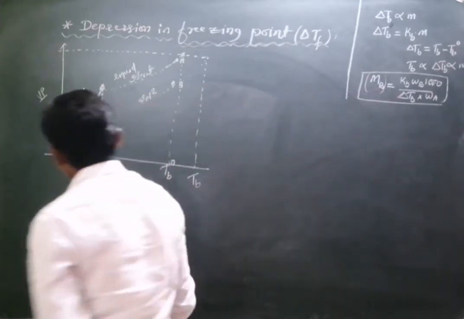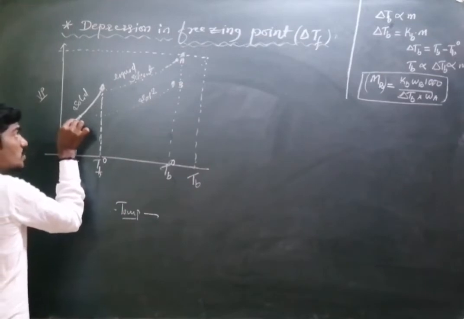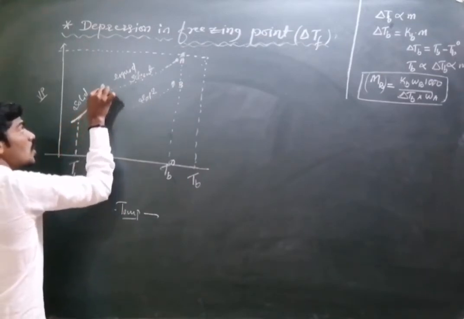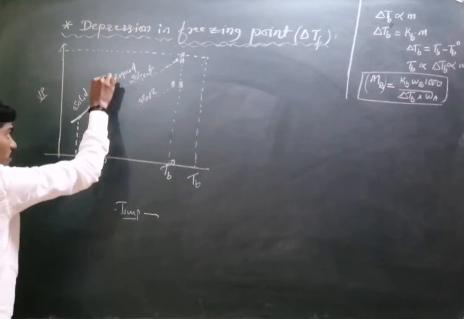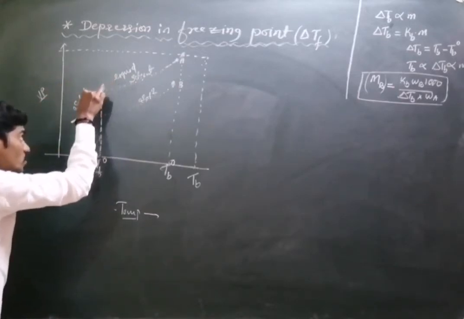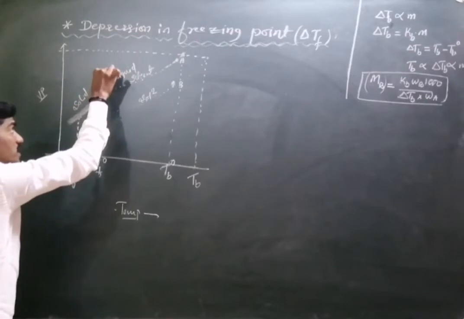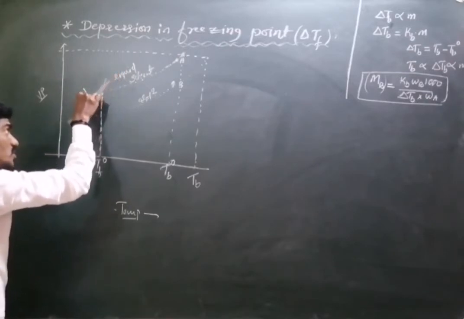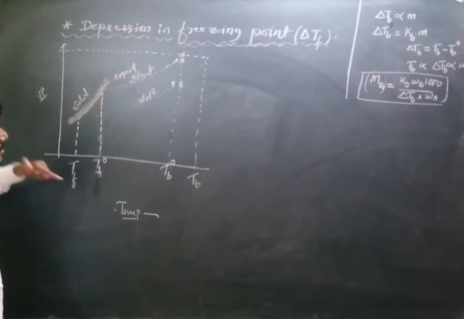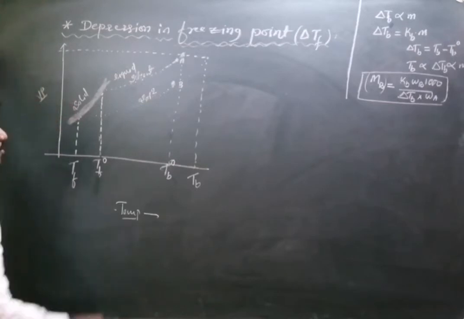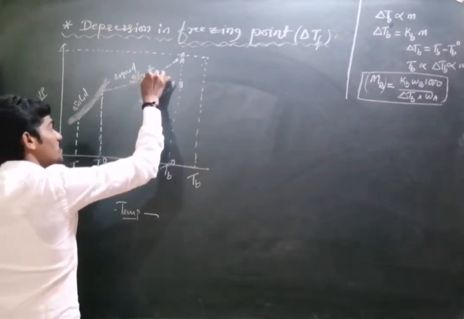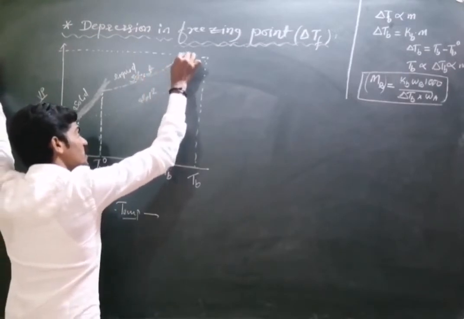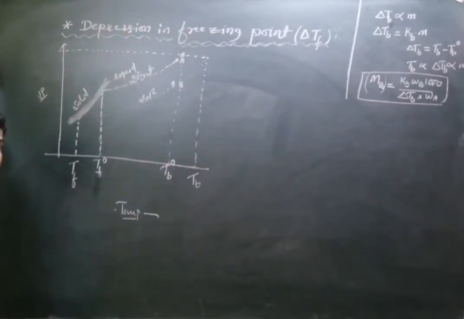The solid line indicates the vapor pressure of a substance in solid phase, whereas the dotted line indicates the vapor pressure of the substance in liquid phase.